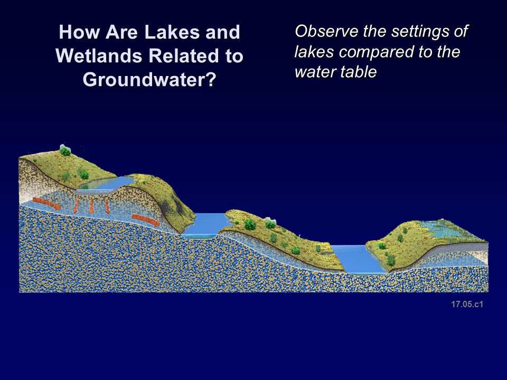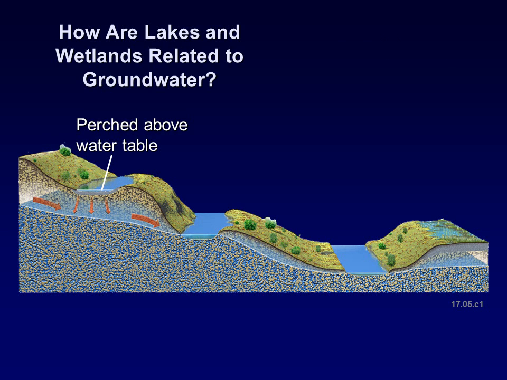How are lakes and wetlands related to groundwater? So let's observe this image and how the water table relates to these lakes and wetlands. We can see the water table is the blue area below the surface with a white line on the top. And how do you think you could determine which of these settings a lake would be in?